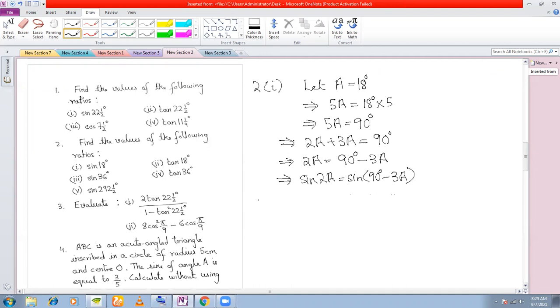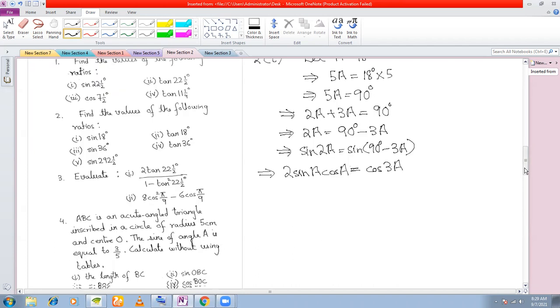Okay. Now you know the formula for sine 2A, it is 2 sine A cos A. And sine of 90 degree minus 3A, from complementary angles from your class 9 knowledge, or you can also say it is an odd multiple of 90 degrees, so sine will change to cos 3A, right?